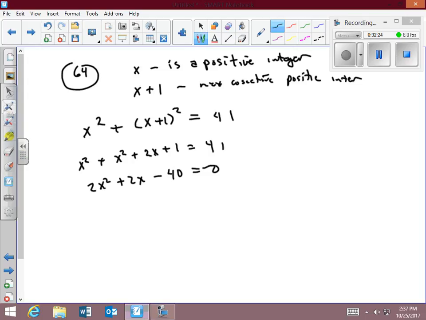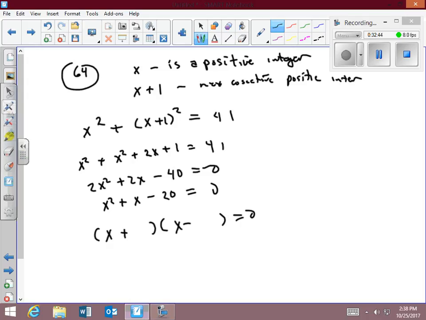Now, notice it's descending order, leading term positive. There's a common factor. I can simply divide out a 2. Right? Now, two numbers. This is going to be x plus and x minus, right?